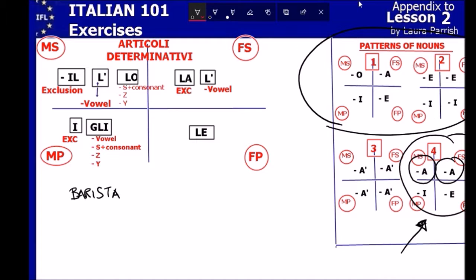Masculine singular and feminine singular. So let's say it's a guy. What is the right article? If it's a guy, it's masculine singular, so you gotta go here. Start with S plus consonant, no, Z, no, Y, no, vowel, no. By exclusion it's il barista. If it's a female, so feminine singular, it doesn't start with a vowel, so it will be la barista.